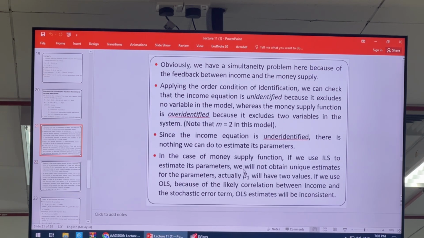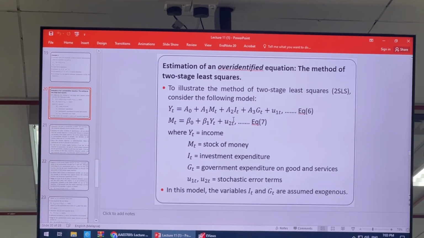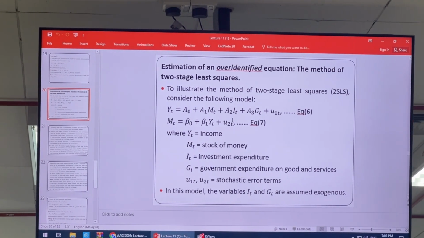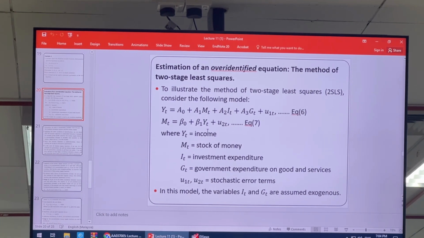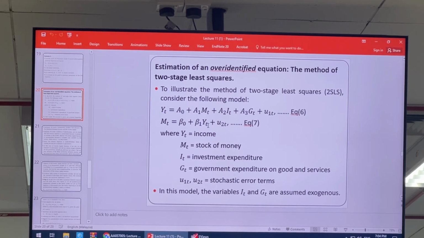So here, in the second equation, we cannot use YT, but we need to find an alternative. We need to find the replacement for YT. Okay, that can be done by using y hat, or fitted values of y hat. But to get y hat, we need to regress y against other variables. Okay, so regress YT against all of the exogenous variables.